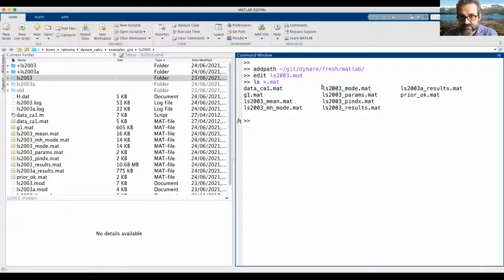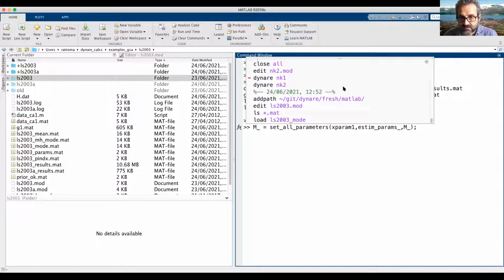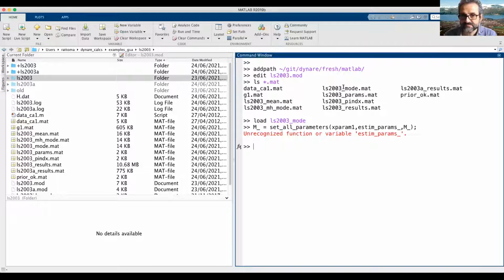Okay, let's load the mode. We load the mode, and then we set all parameters. I just wanted to check. Maybe in the Q&A I do it on my own. Otherwise, it's a bit difficult to follow.